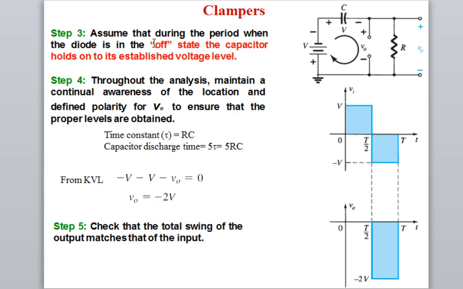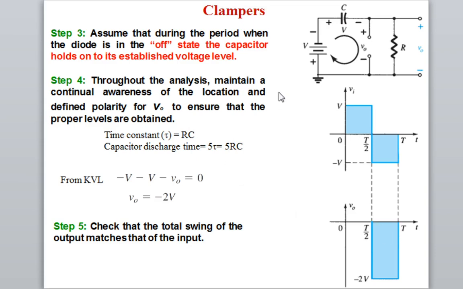And step 4: throughout the analysis, maintain a continual awareness of the location and defined polarity of the output voltage to ensure that the proper levels are obtained. In order to do that, as I discussed, the time constant is a very important parameter, and the discharging time of the capacitor must always be greater than the time interval of the given signal.